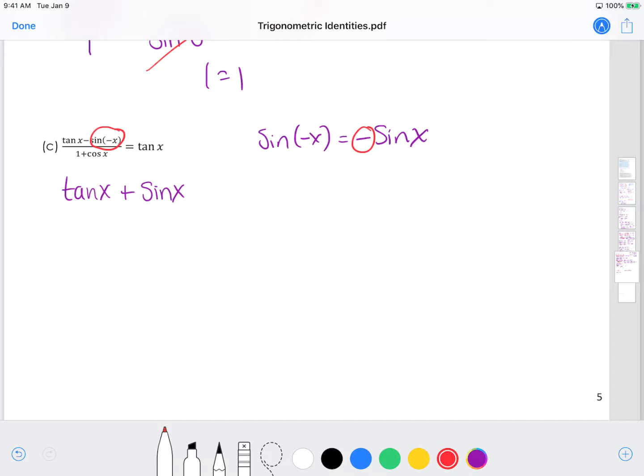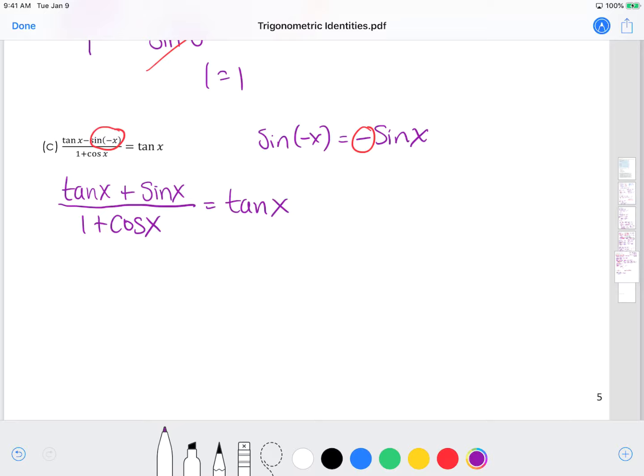This negative with the negative that's already in the expression make it a positive. I have a double negative. And that's going to all be over 1 plus cosine x. And I want to show that that's equal to tangent x.